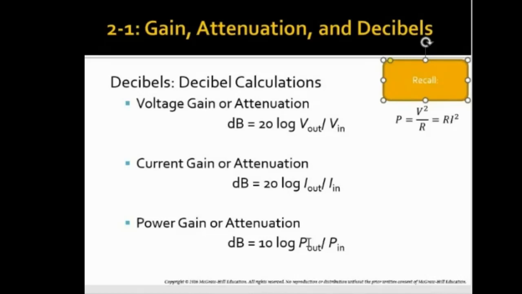If you write P out as R times I out squared and P in as R times I in squared, then your equation has the square, the 2 goes in front of the log, and it becomes 20 log I out over I in. So these are the ways you can convert your gain to decibels.